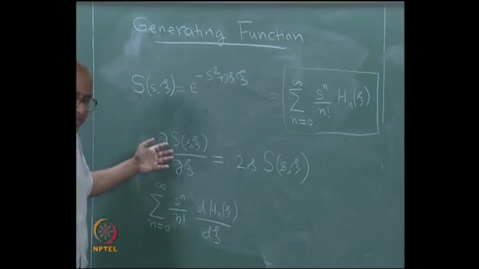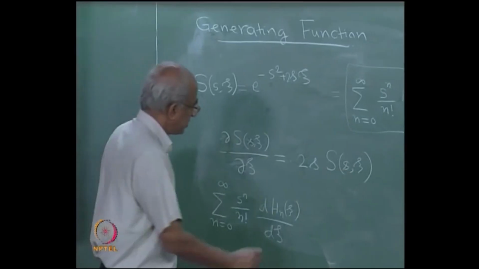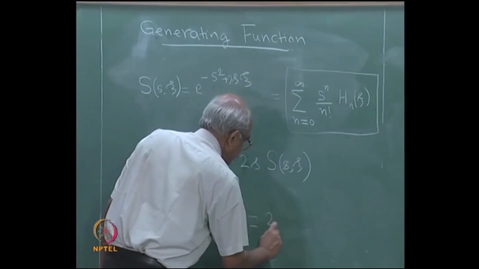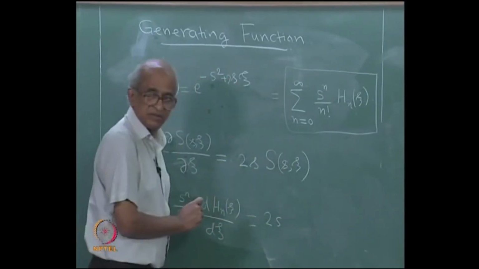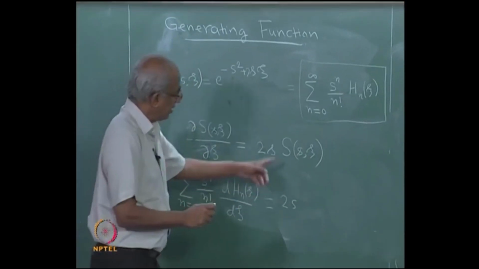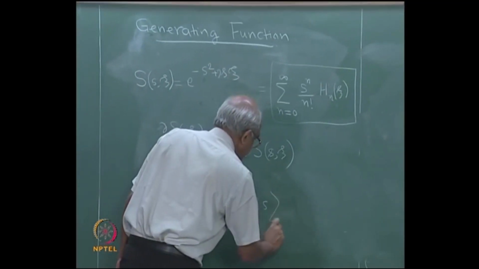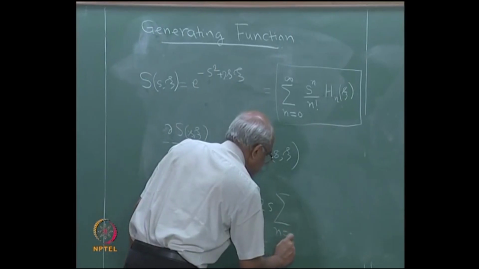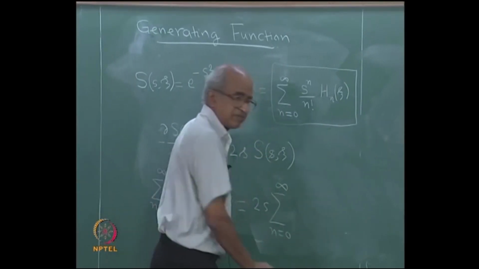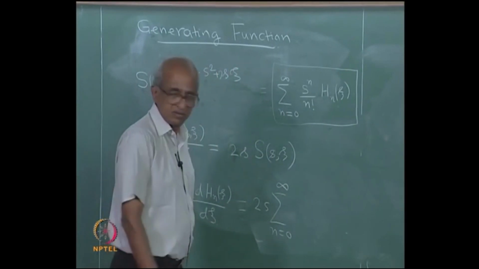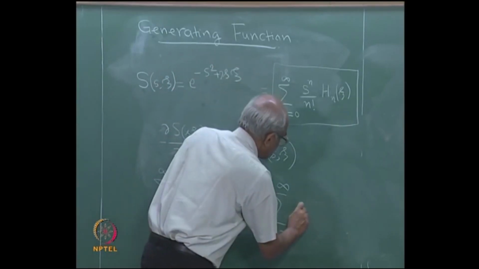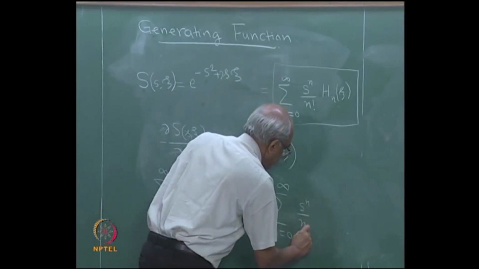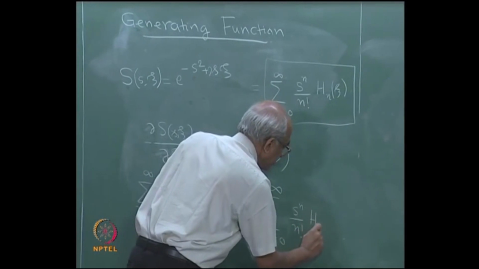So that is your left hand side, and that must be equal to 2 times s, correct, and therefore what is that? That is actually sigma n going from 0 to infinity, s to the power of n divided by n factorial Hn(ξ).